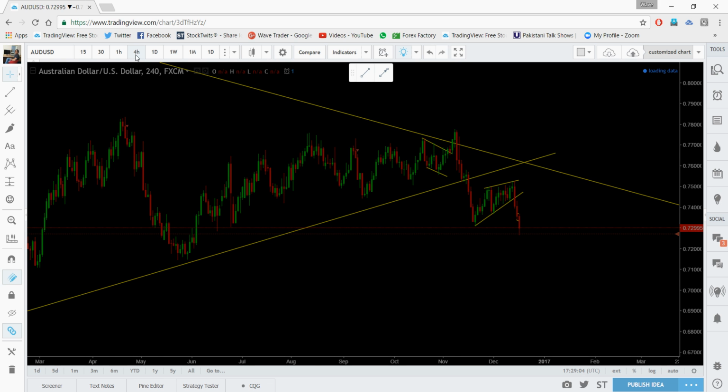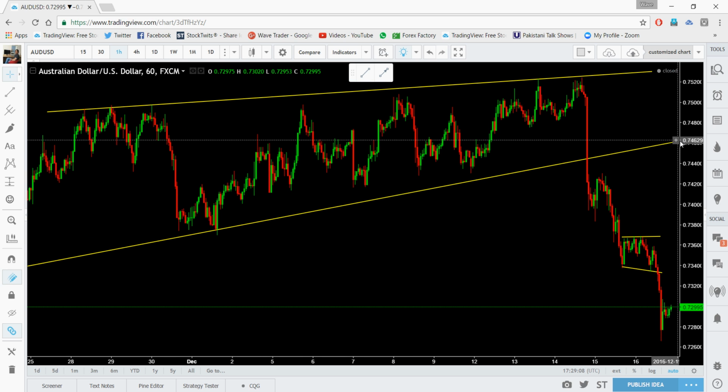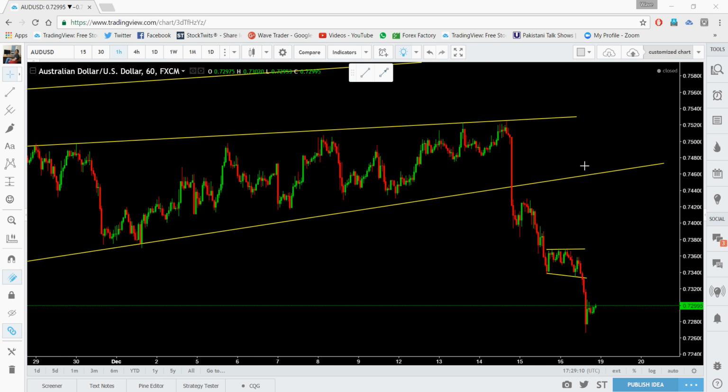All right, so we will watch this pair on the lower time frame, because we are in at the top, we are in from this place, and we got some trend continuation pattern on the lower time frame, and we are watching what kind of price action we're going to see here.